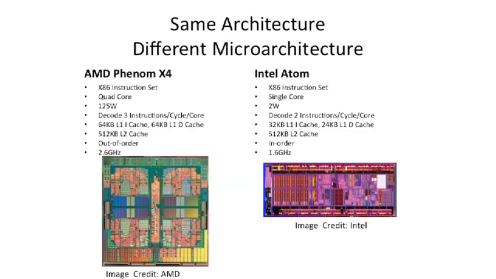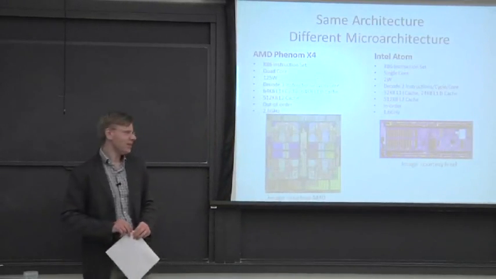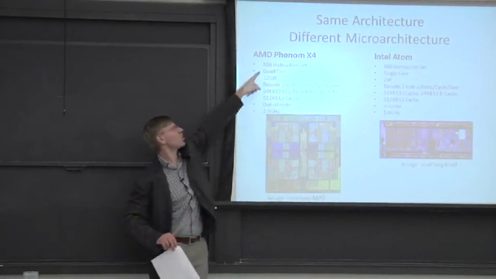Let's take a look at an example of something where you have the same architecture but different microarchitectures. Here we have the AMD Phenom X4, and here we have the Intel Atom processor, the first Intel Atom processor. What you'll notice is that they have the exact same instruction set architecture.